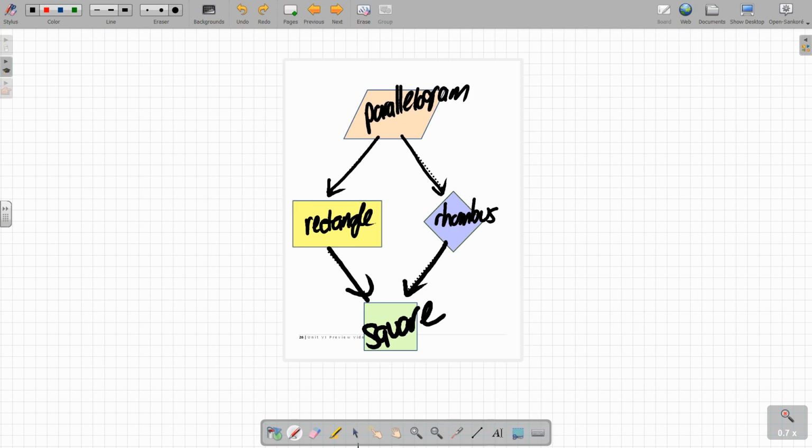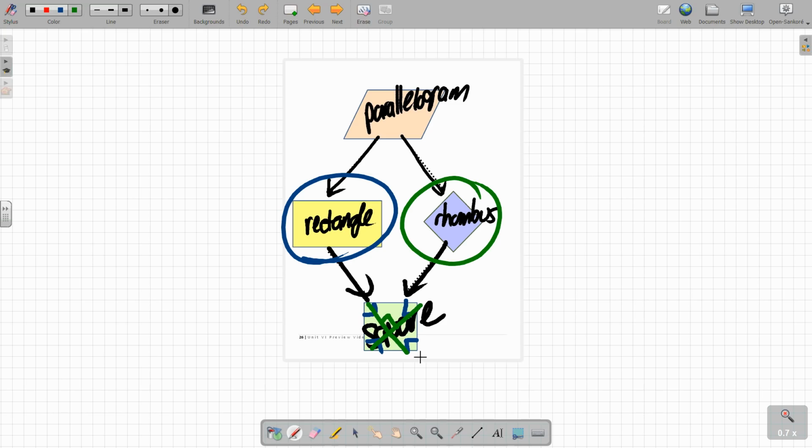That means the square has all the qualities of a rectangle, including the four right angles. And it has all the qualities of a rhombus, including diagonals that make a right angle and bisect the corner. So when you've got a square, you've got everything under the sun happening.